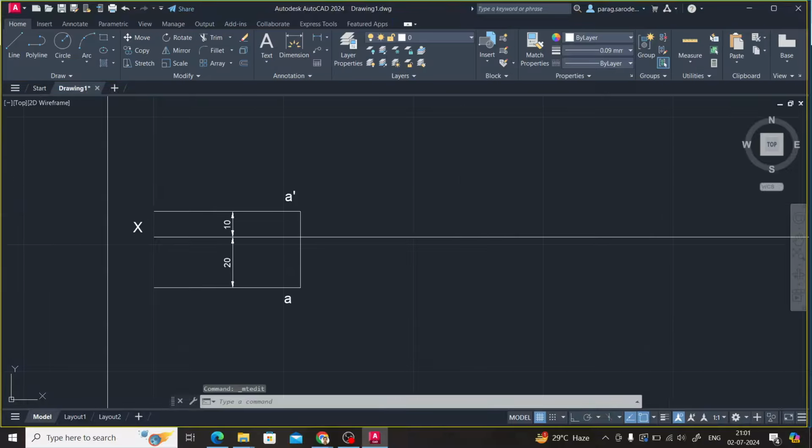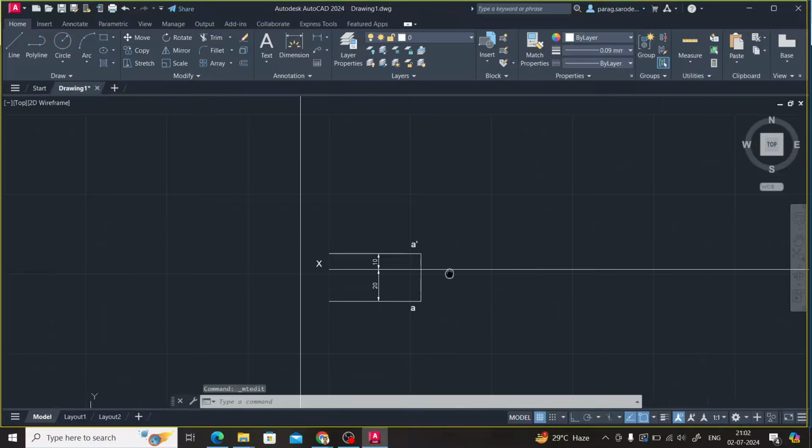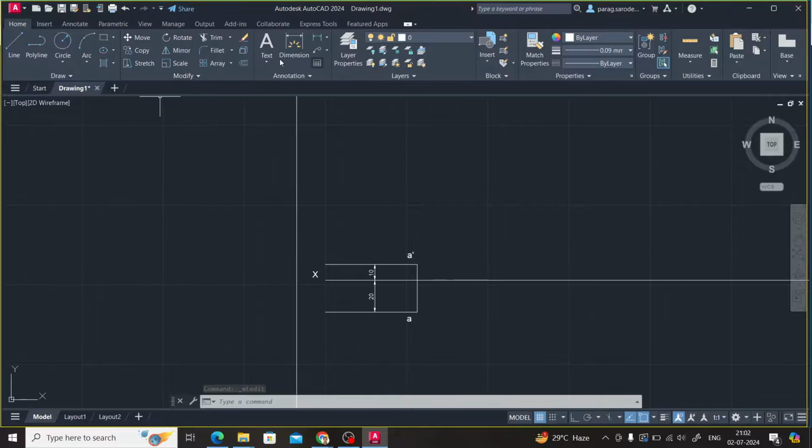Instead of renaming in this way, I suggest you create a list of all the symbols that you will require, and just drag and drop. I will show you how to do it. Sometimes the cursor gets lost.